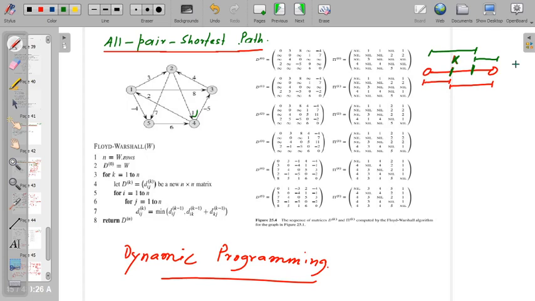And here what we do actually in dynamic programming, say we take some kind of bottom up approach. That means if you have this matrix chain multiplication, we have a1, a2, a3, a4, a5.